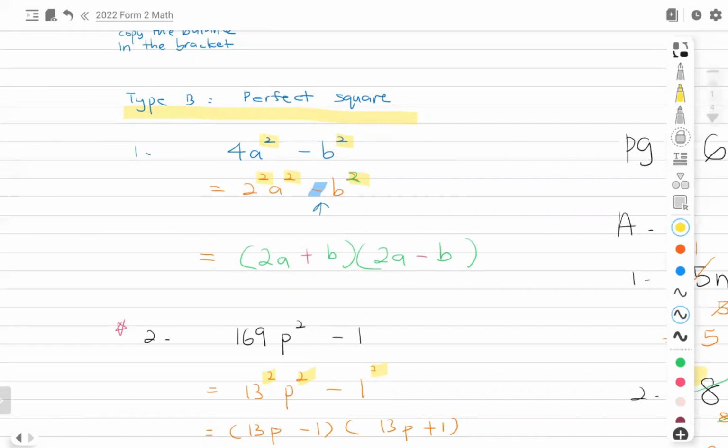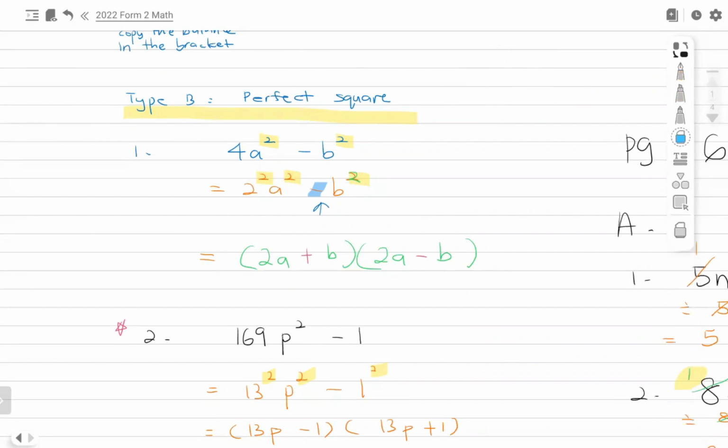Don't use calculator. 17 square, remember 7 and then what? 2, start from 2. Oh, 225 is 15 square. 17 square is 289.